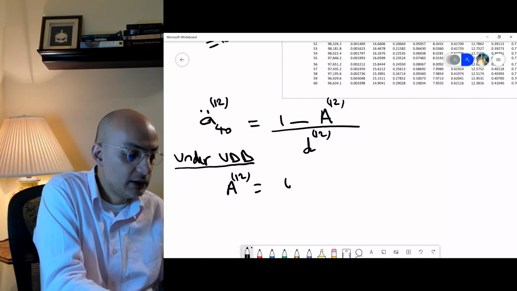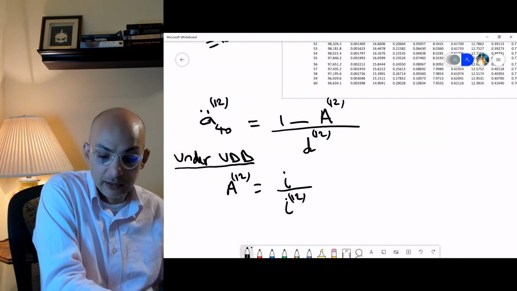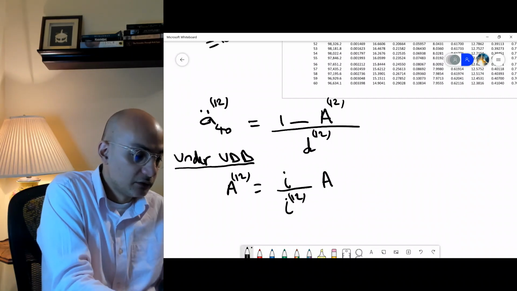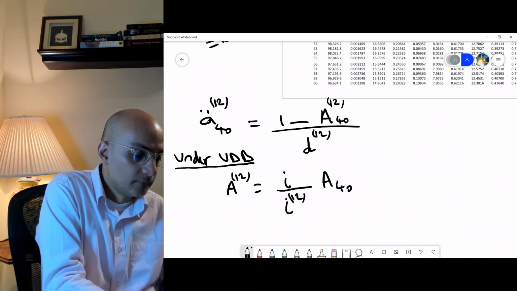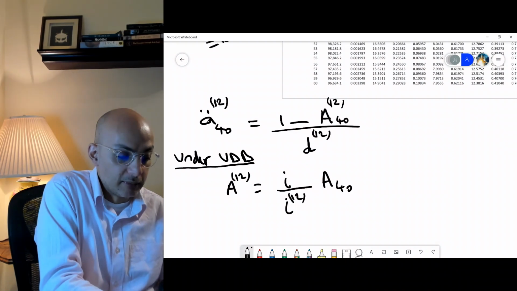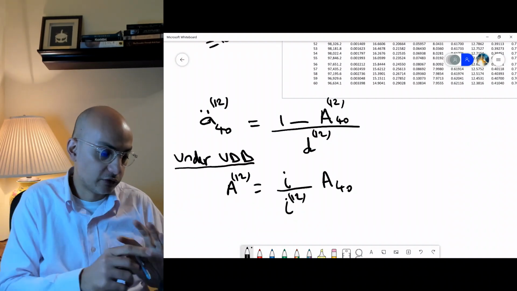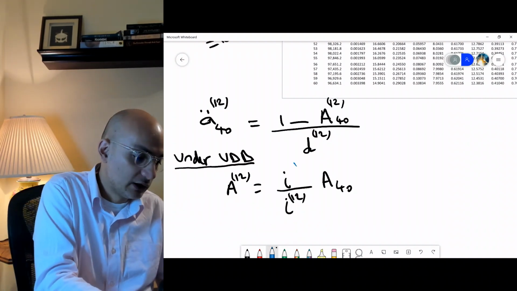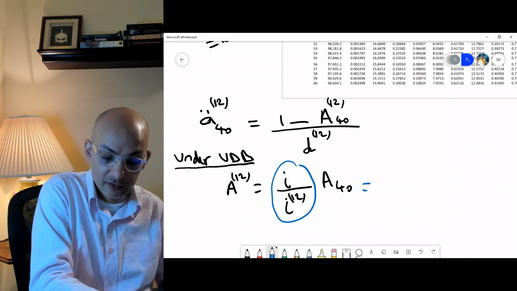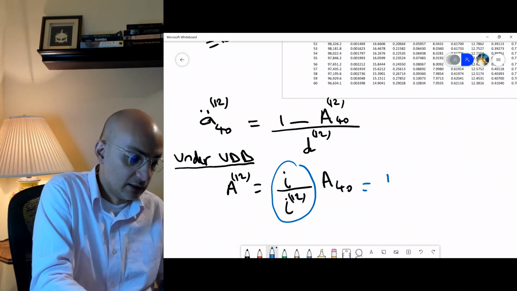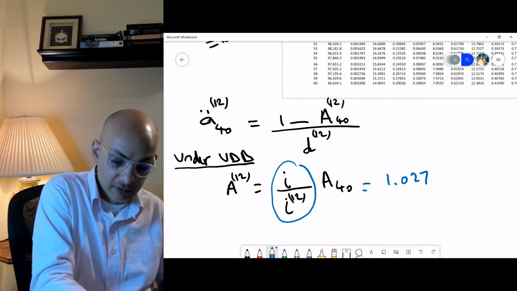So this one will be i divided by i^(12), which we already computed, multiplied by A40. We computed this last time, but I'll show you another way to find this i over i^(12). Let's write the answer quickly here. This will be 1.02771. You can go back and see how we calculated it.